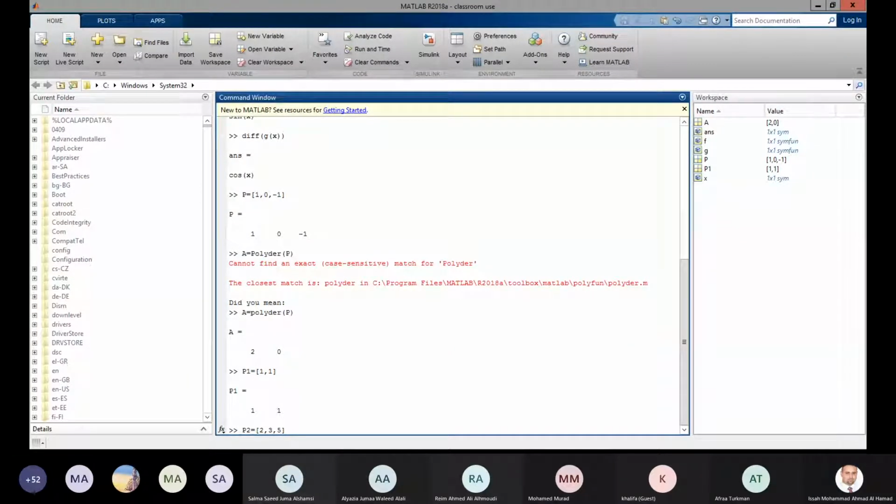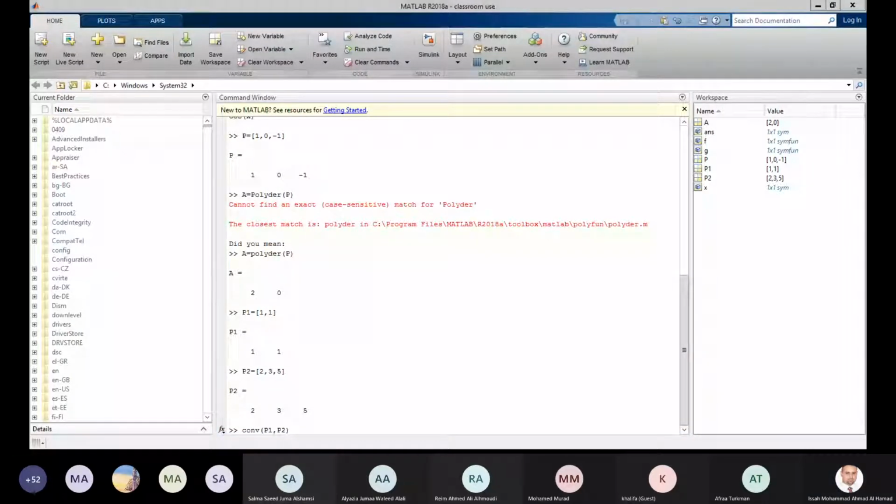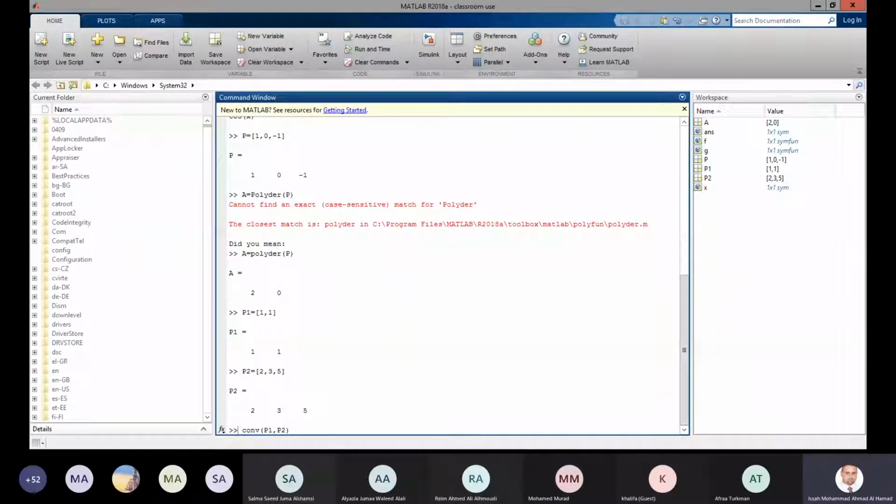So you just use a command called conv, for convolution. Conv means that I need to multiply these two together. Let me call this P3, for example, equals conv(P1, P2).